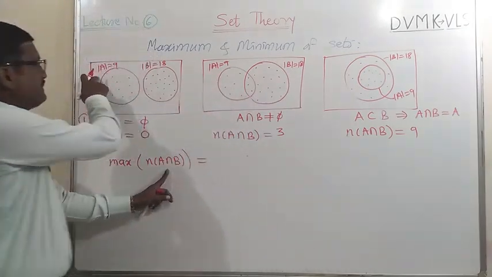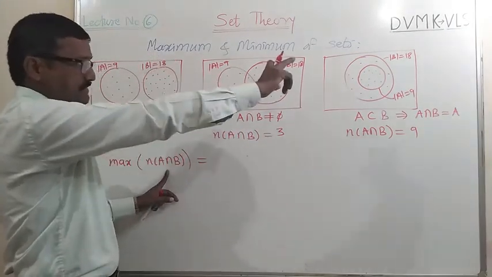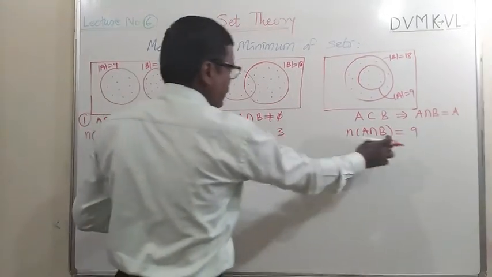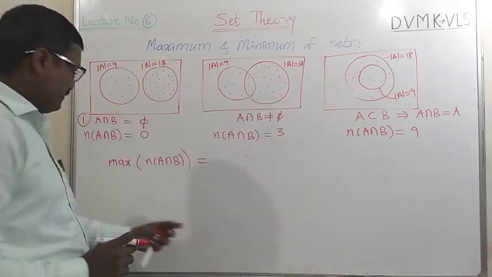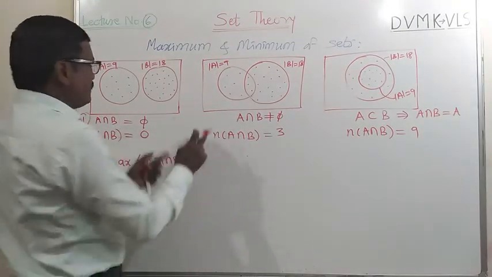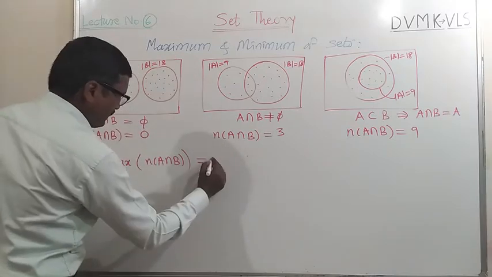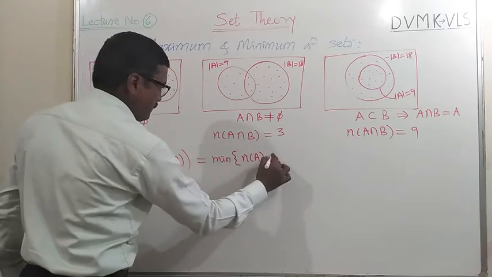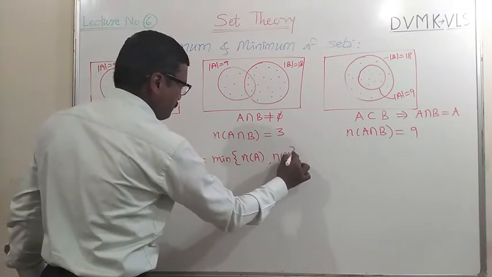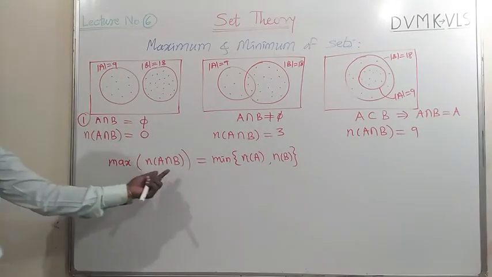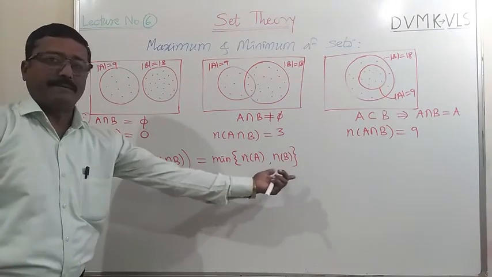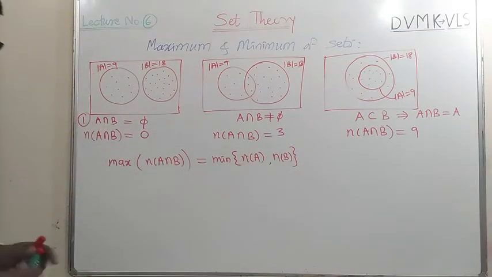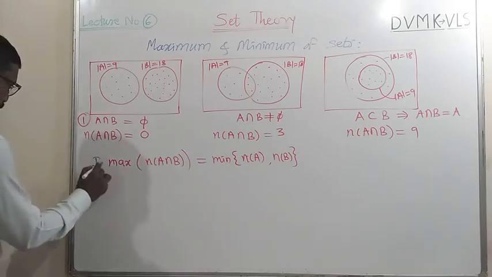Here the number of elements in A is 9 and in B is 18 in all cases. But we get the maximum elements here from 0, 3 and 9. So the maximum number of elements in the intersection is nothing but the minimum of these two. So we can write this as the minimum of the number of elements in A and the number of elements in B. This is the first important result. Remember this as result number 1.